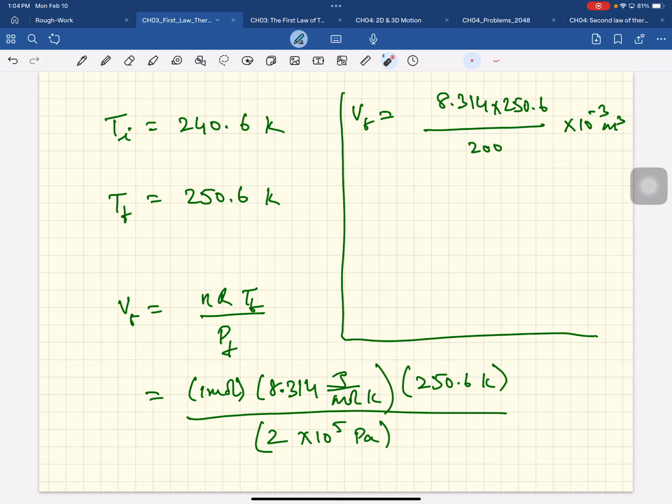Did you guys see what I did? I took 10 to the 3 from here, brought that up there, and the other 10 to the 2, I made that 200. And this number should work out to be greater than 10.